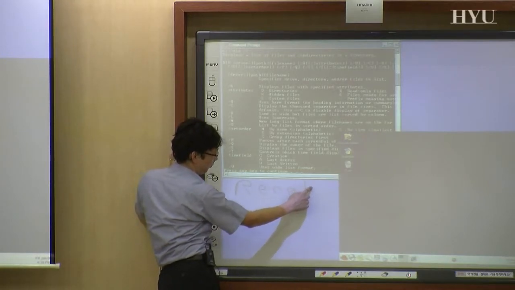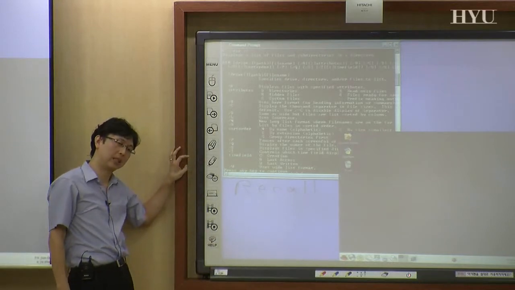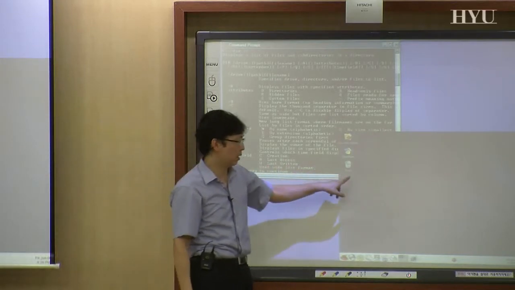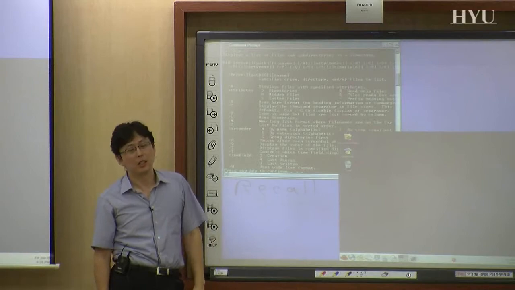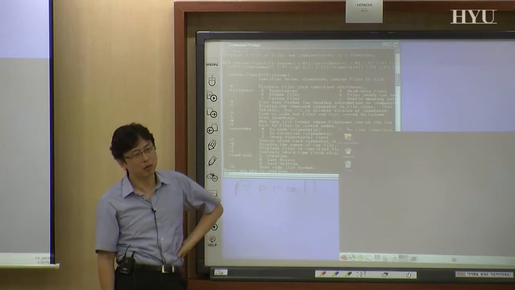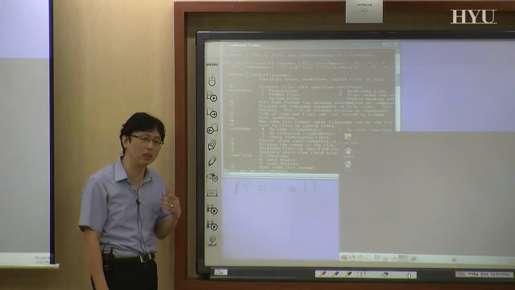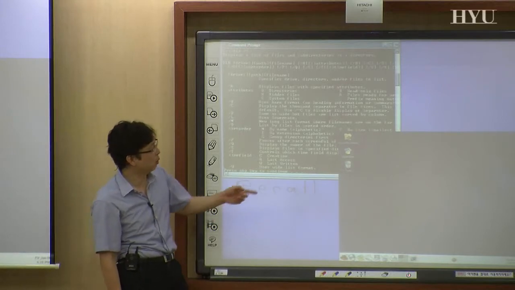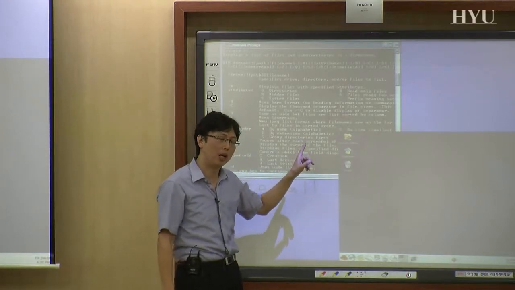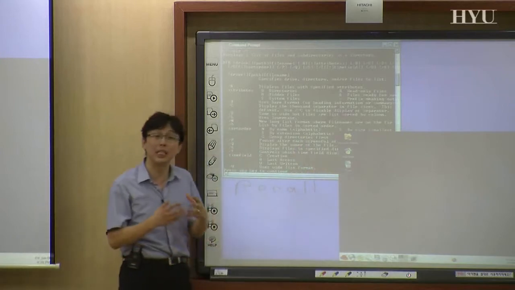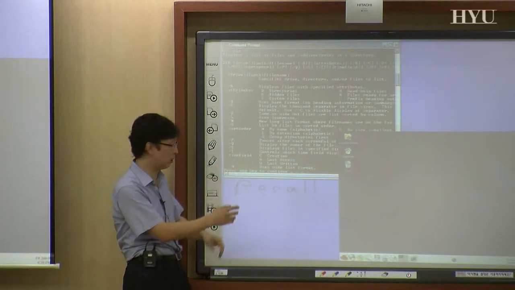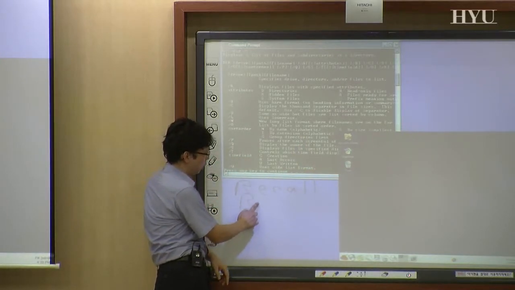But the desktop interface sometimes doesn't need recall. It needs only recognition. Recognition of an icon or a label is enough to use the whole interface. So, recognition.